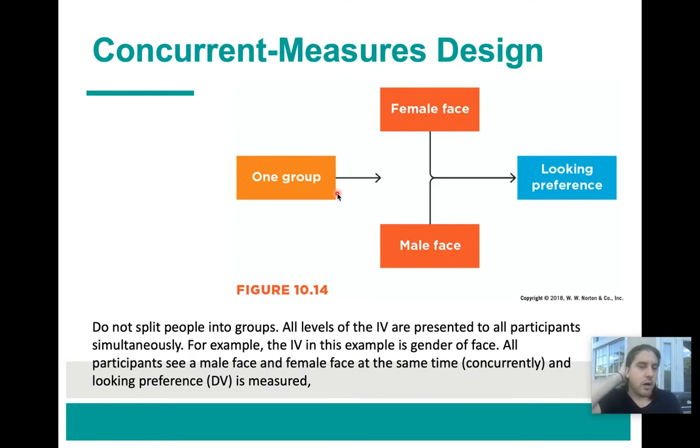So a nice simple example of this is a concurrent measures design. And in a concurrent measures design, the participant experiences multiple levels of the independent variable simultaneously.